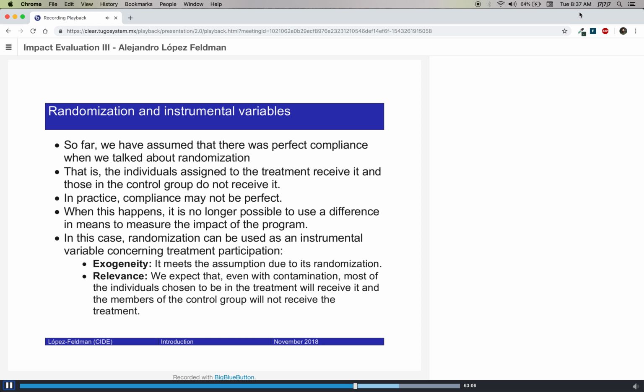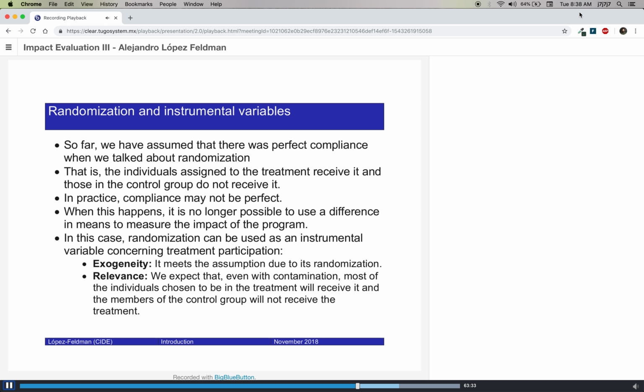So let me try to explain this, and I'm going to talk about randomization. When we were talking about randomization in the previous session, we were talking about fulfillment. So in my computer, for instance, I was selecting the individuals who were going to receive treatment, or maybe the policy was going to be implemented.